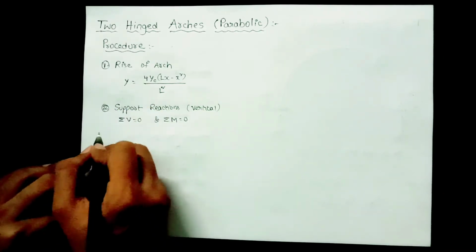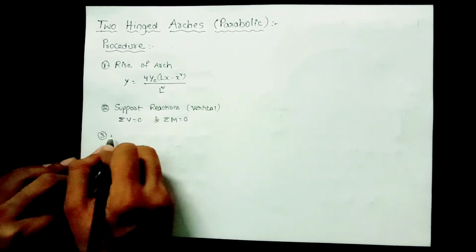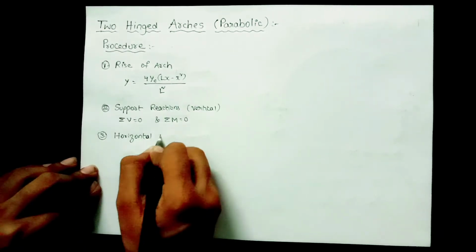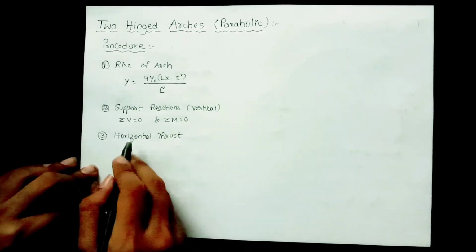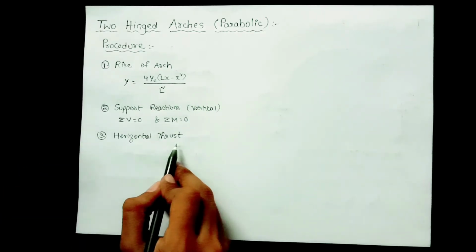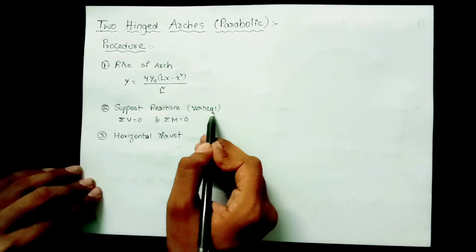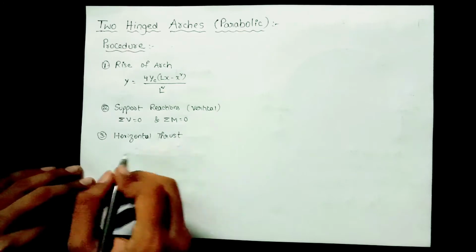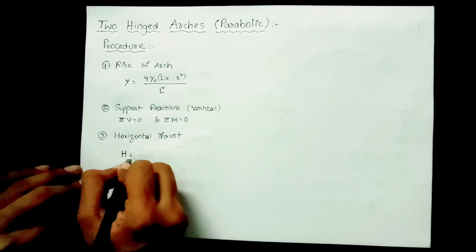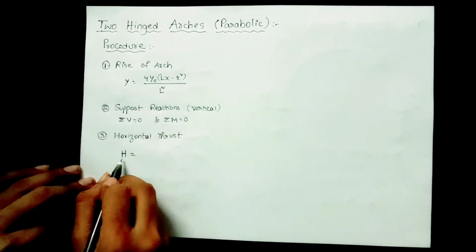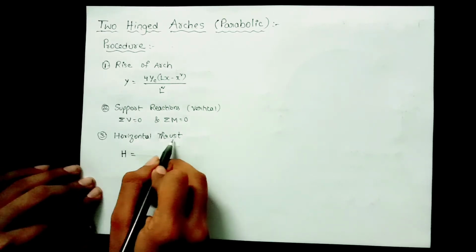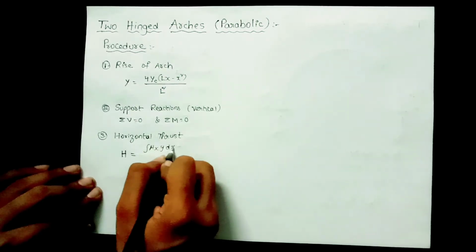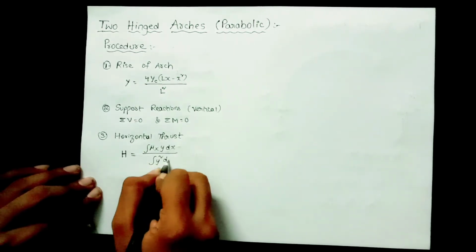These two are simple steps. Coming to the next step, we have to find the horizontal reaction or thrust, also known as horizontal reaction. We have calculated the vertical reactions, and in this step we will calculate the horizontal thrust. The horizontal thrust is indicated by h, and the formula is integral mu x into y dx divided by integral y square dx.